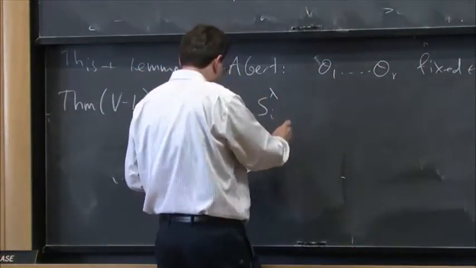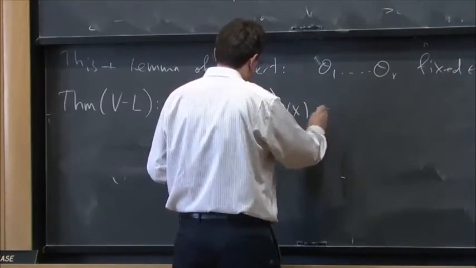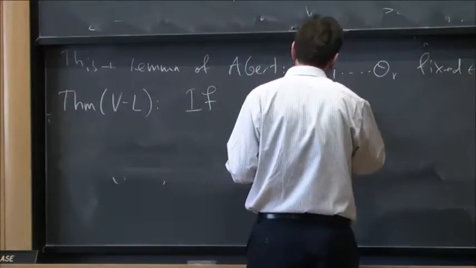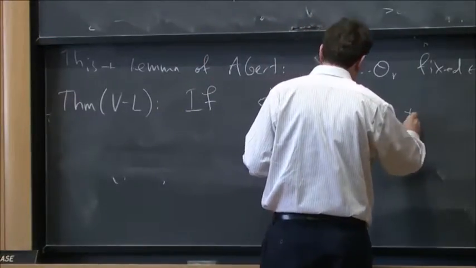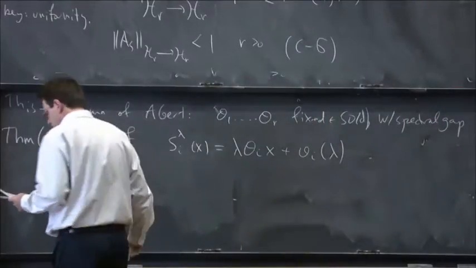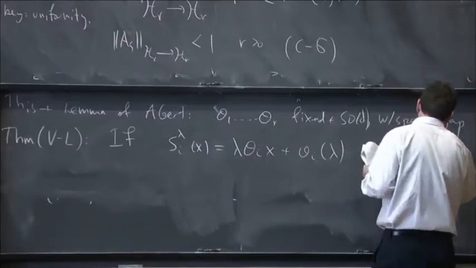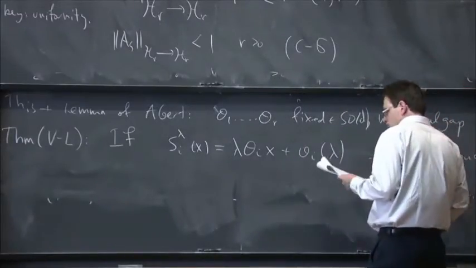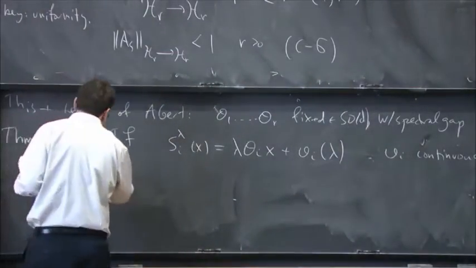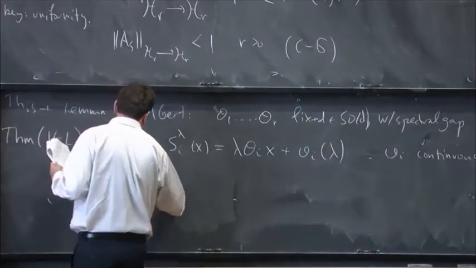So I now define similarities. These are a collection of similarities, for every i, a one parameter family of similarities. And the v_i are continuous, I don't need to assume much. And I'll also assume that at 1 this collection S_i(1) have no common fixed point.